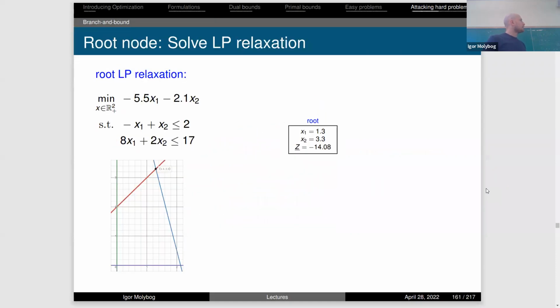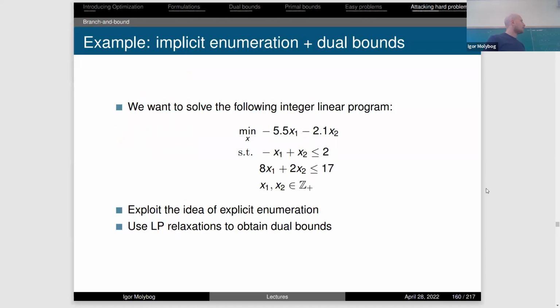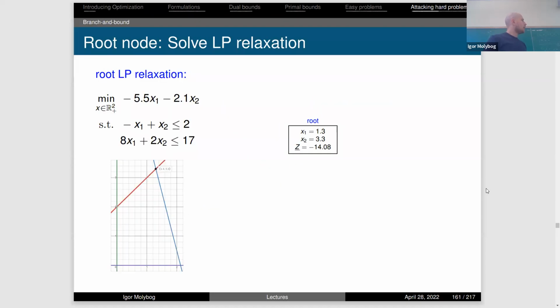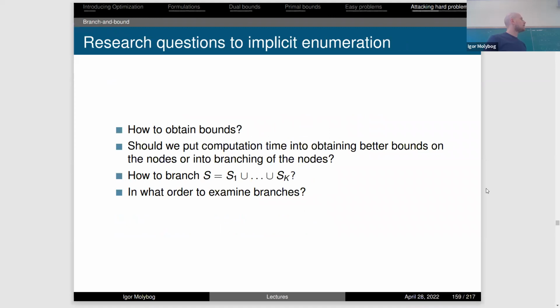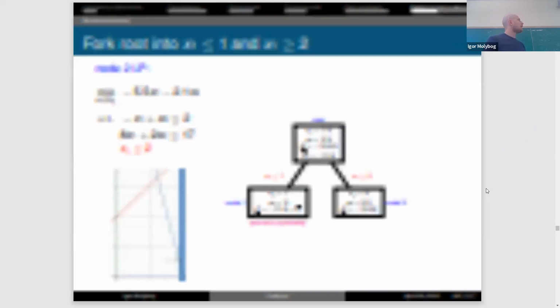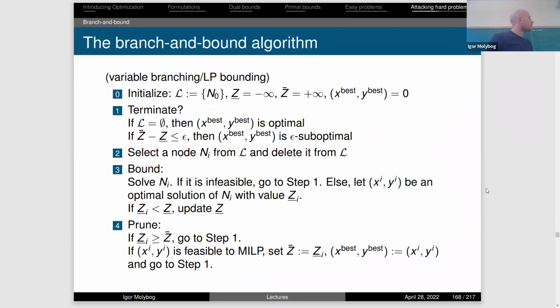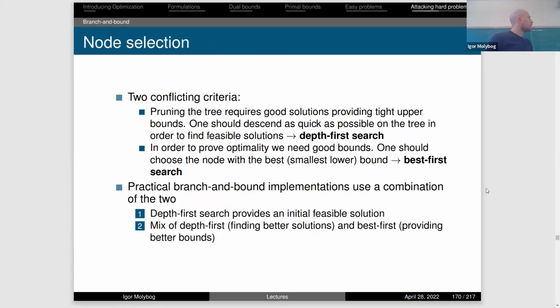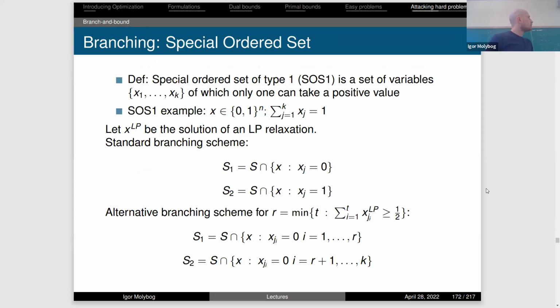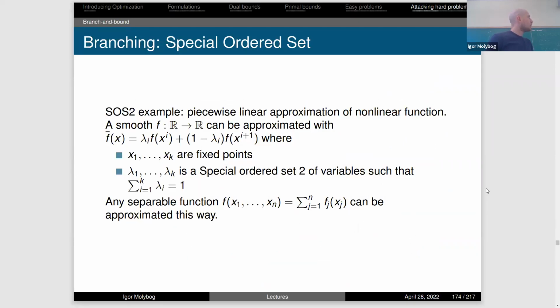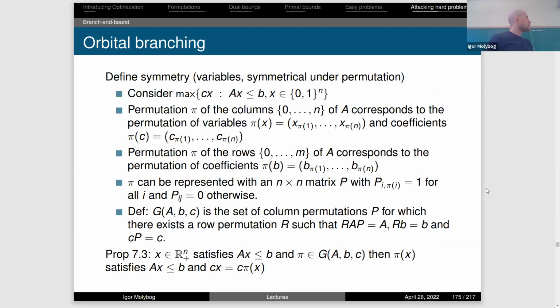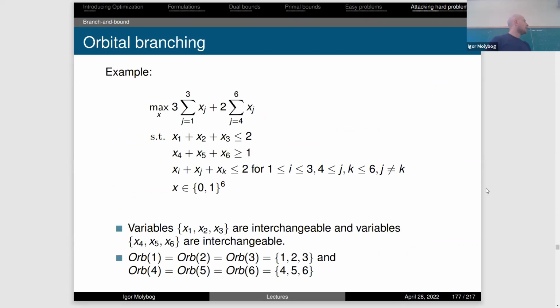Okay, and then we have had an example. I don't think there will be too many questions on the different types of branching, like the special ordered set, although it is definitely an interesting topic, and orbital branching as well.